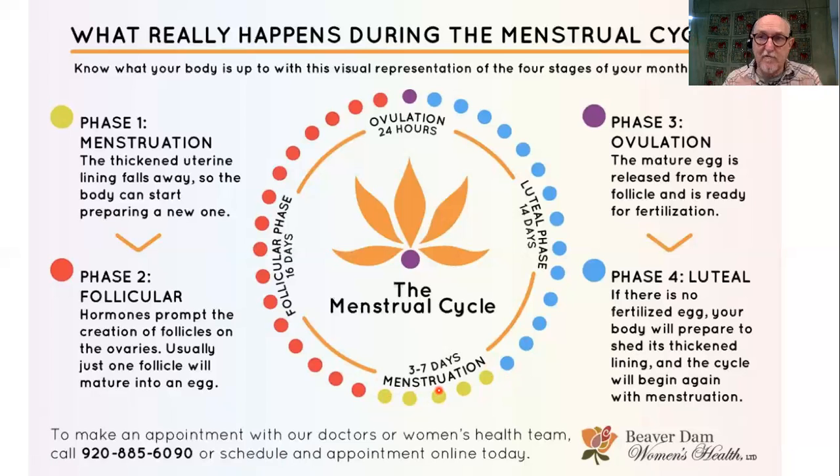There are all sorts of inputs which can modulate hormonal structures and everything as the cycle proceeds. So we have 3 to 7 days of bleeding as the endometrium is shed. And then once the endometrium is shed, the whole cycle begins again.